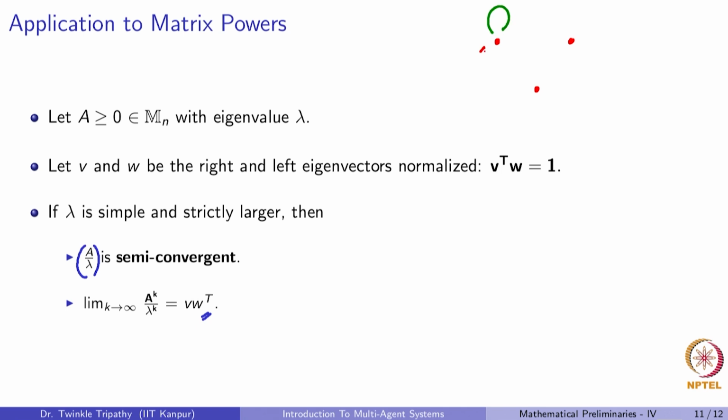Let's number them first. So every agent takes its own opinion into account when updating its future opinion, and it talks to both 1 and 2. 2 similarly does this, and 3 similarly does this.